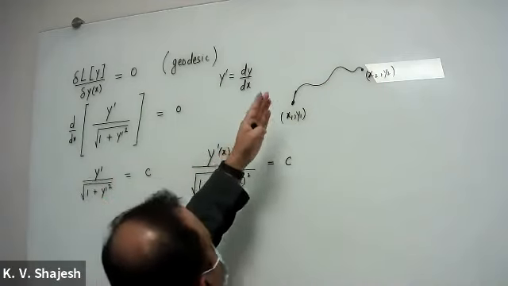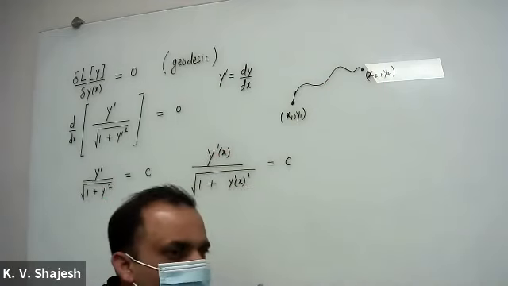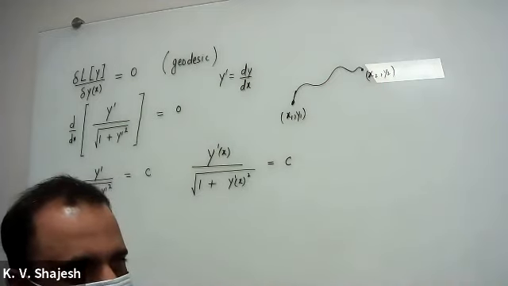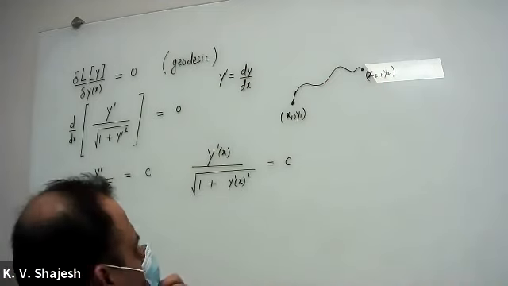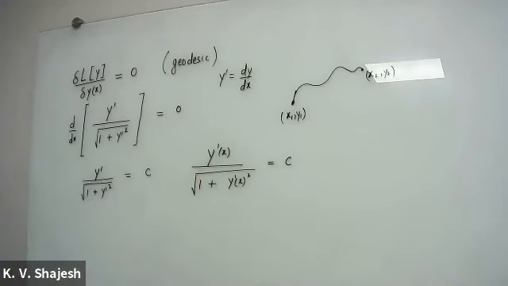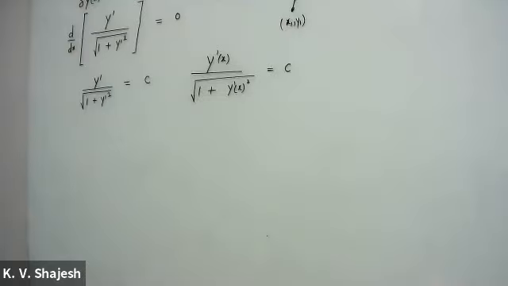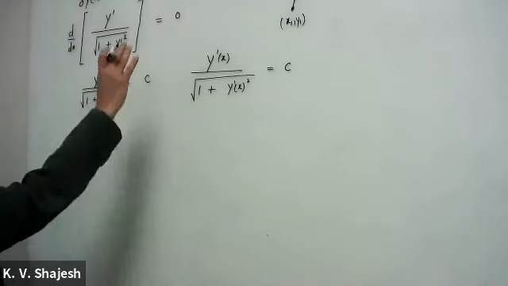How is it possible that the ratio of the derivative divided by 1 plus the derivative square is a constant? It seems to suggest that the derivative itself is a constant. But let's see how that comes about. Okay, let's not presume that; algebraically we should be able to see that, right? So let's start from here and let's square it.